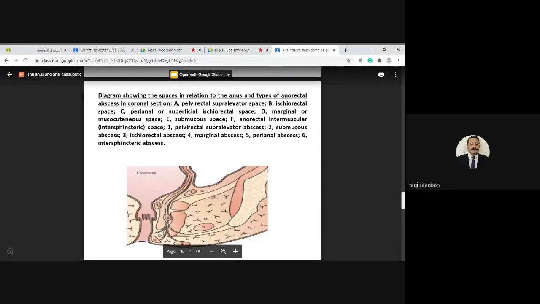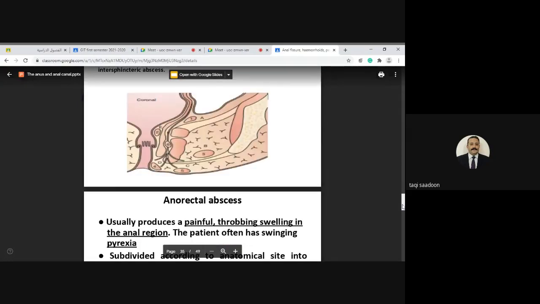We said ischiorectal is between the ischial tuberosity and the rectum. Perianal, superficial ischiorectal space, or marginal mucocutaneous, submucous, anorectal, intermuscular, or intersphincteric. These are very important, the perianal abscess and for the perianal fissure.